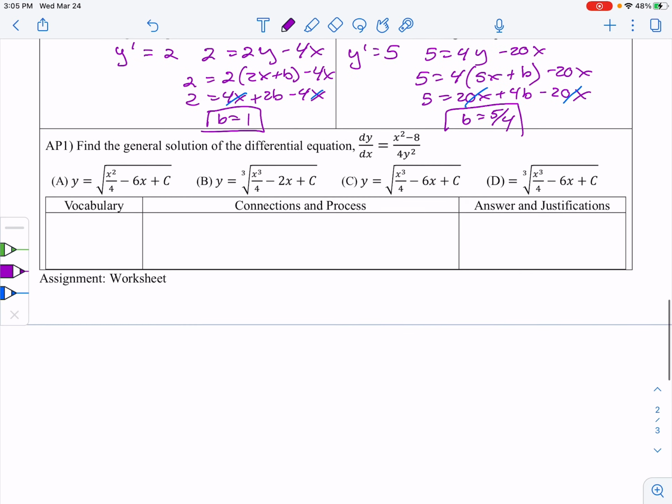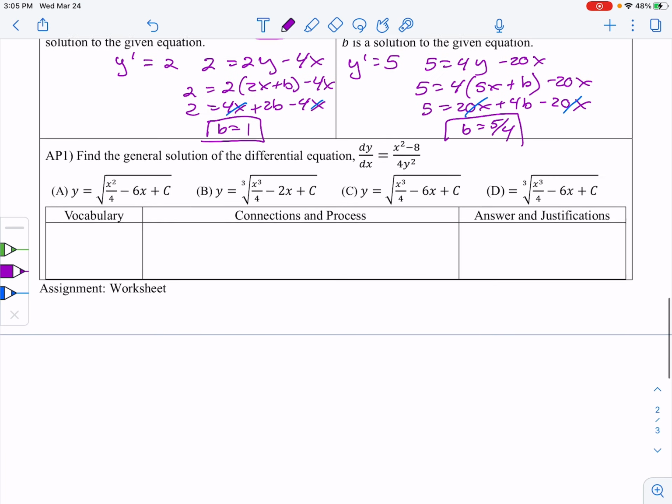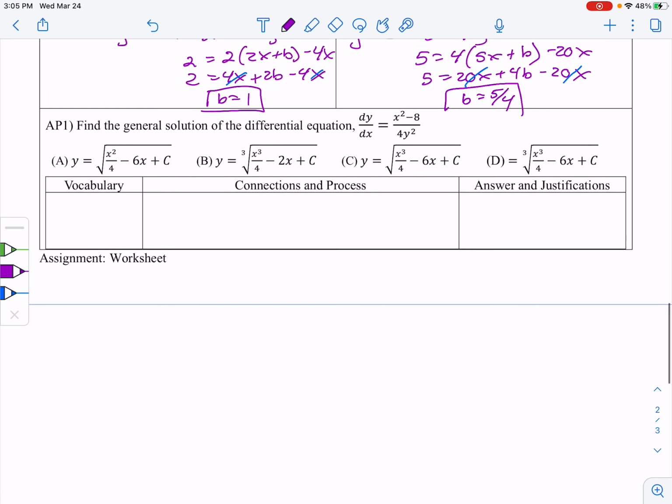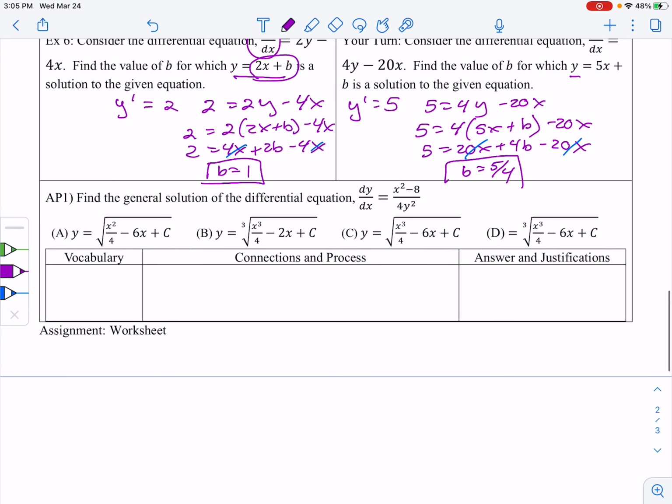Last problem on this page. I'm going to separate my variables. 4y squared dy equals x squared minus 8 dx. Integrate.